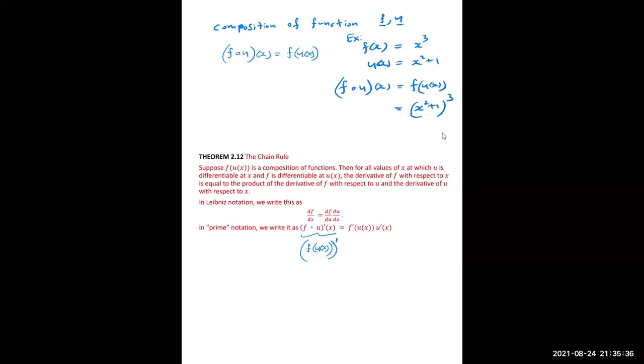So the derivative of the composition is given by, here is what the rule tells you: f prime of u of x times u prime of x. Again, the derivative of f composition u of x is equal to f prime of u of x times u prime of x.